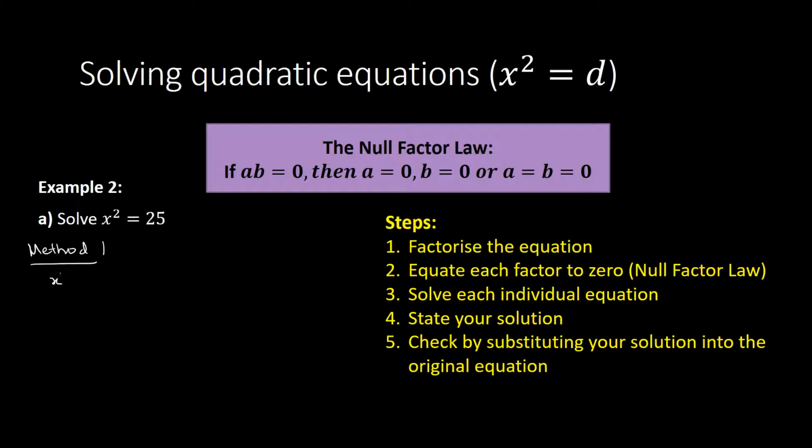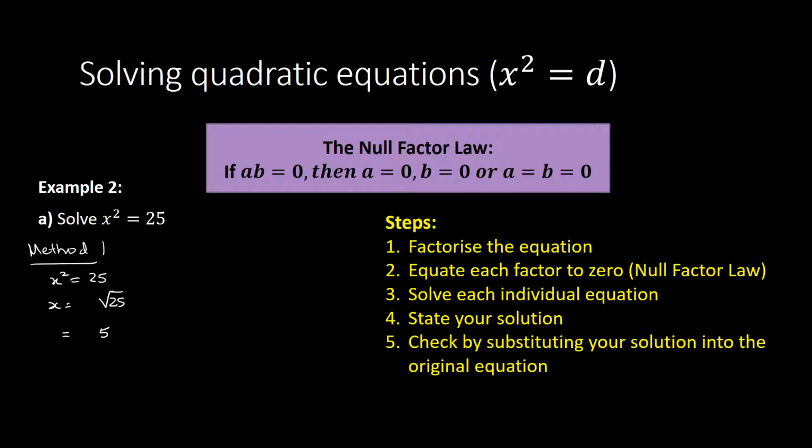So we've got x squared is equal to 25. If a number squared is equal to 25, then that number is 5, isn't it? X is equal to the square root of 25, which is 5. Yep, 5 squared gives us 25, so this works.